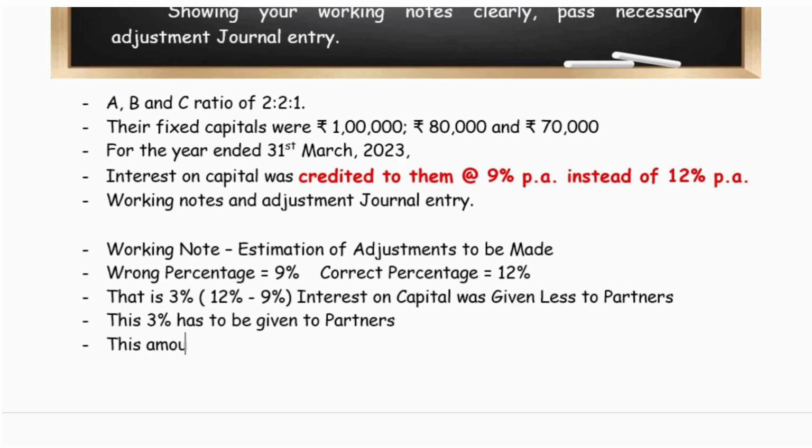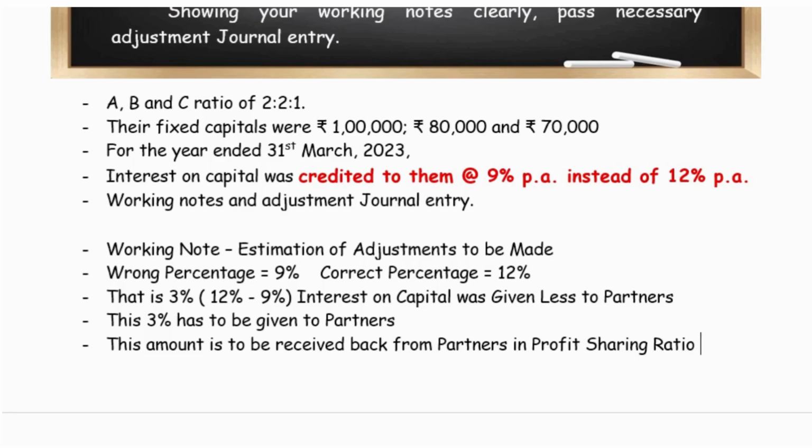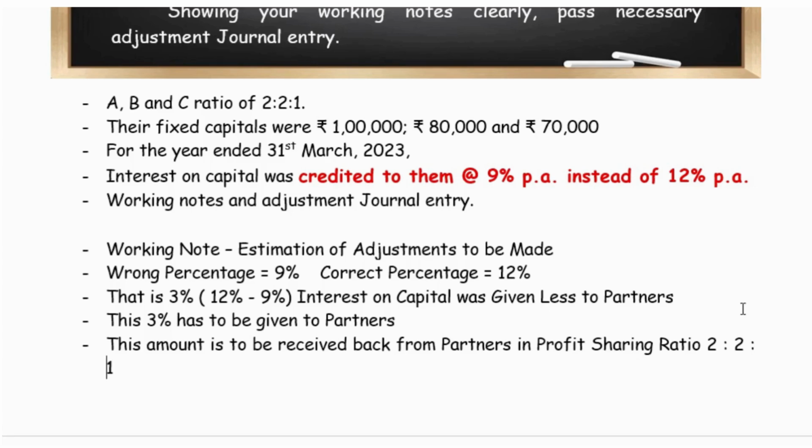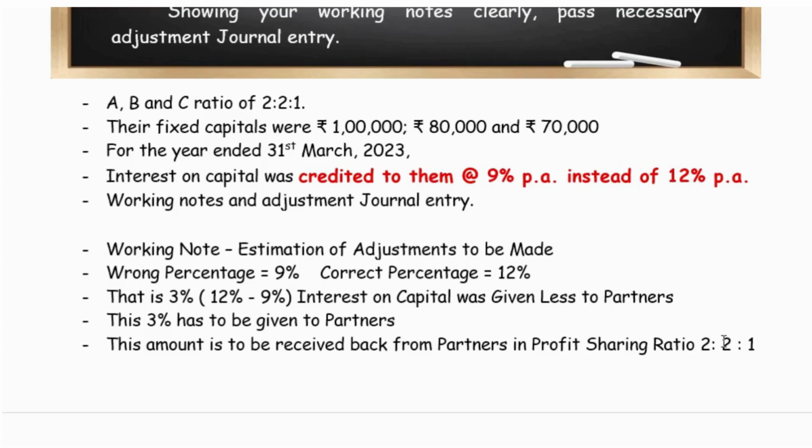So this amount is to be received back from partners in their profit sharing ratio. The profit sharing ratio is given in the question as 2:1. It is to be received in the ratio of 2:1. It is given in the question itself.